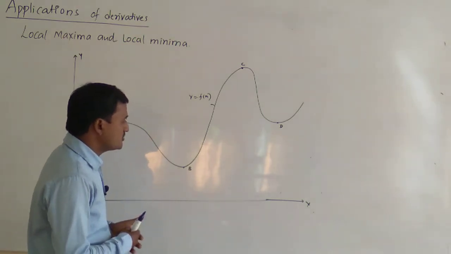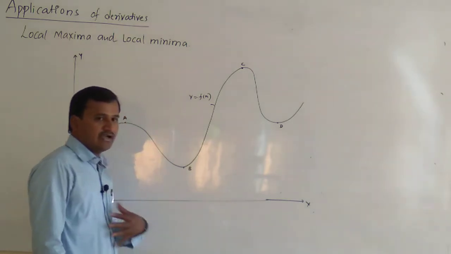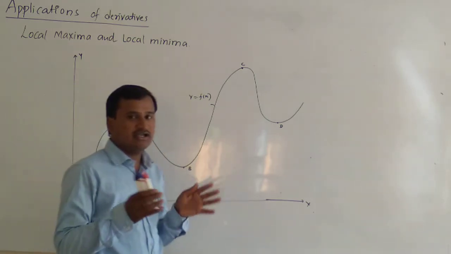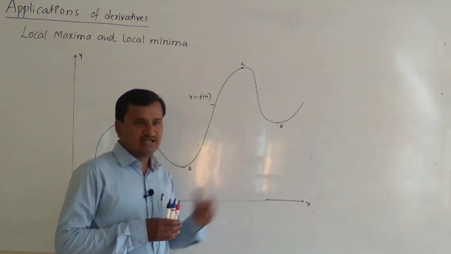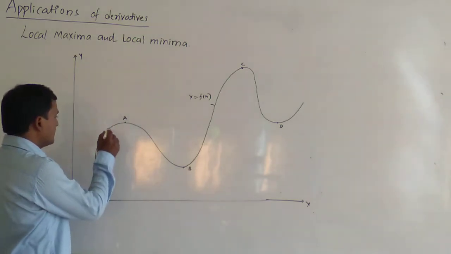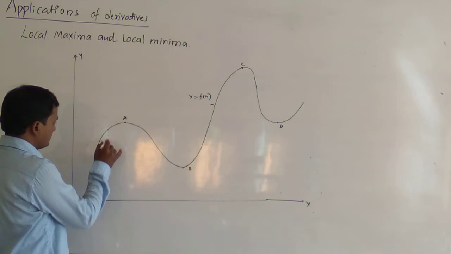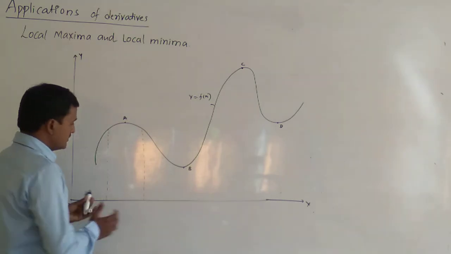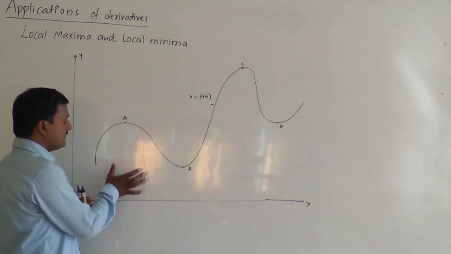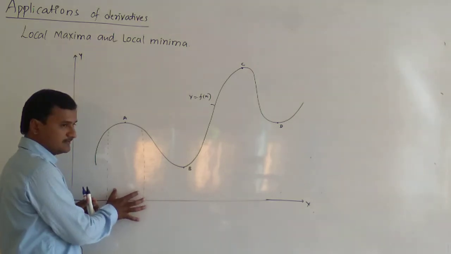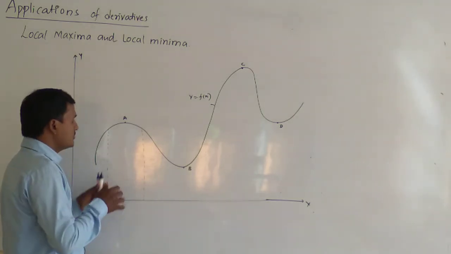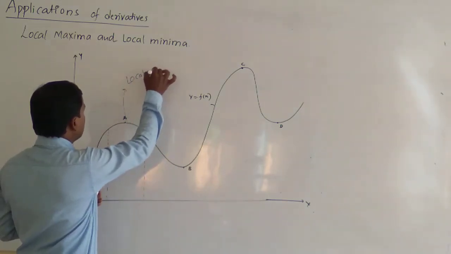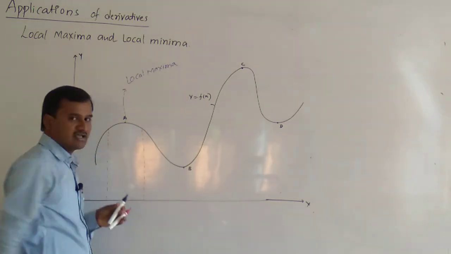Now instead of taking the total interval, if I restrict the interval from C minus h to C plus h, from this point to this point, and I check the maximum value of the function in this interval, then this point is called a local maxima.